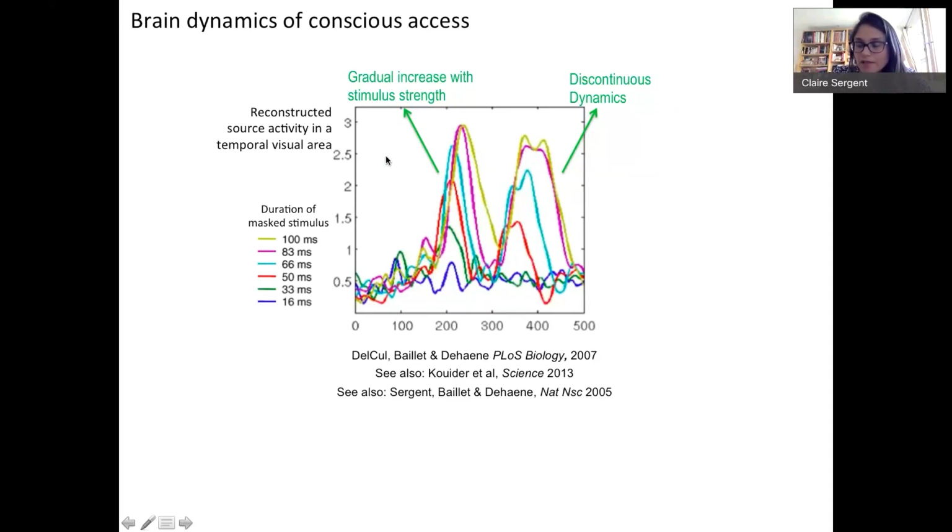Okay, but before we can really establish that, we need to see whether this dynamical signature is really general. And from the studies I've shown you here, we only used visual stimuli, and another important aspect is that in both masking studies and the attentional blink studies, the stimuli are fast transients themselves.